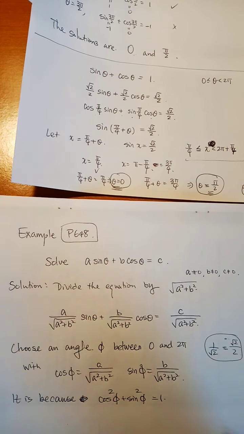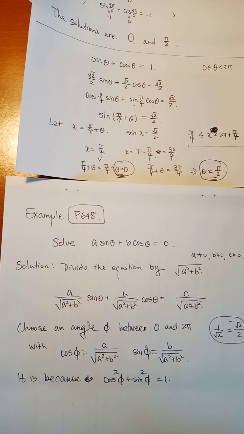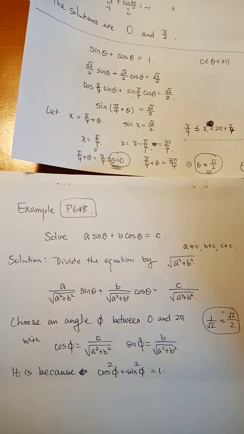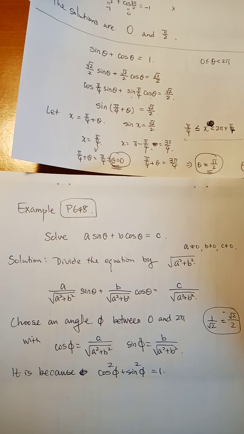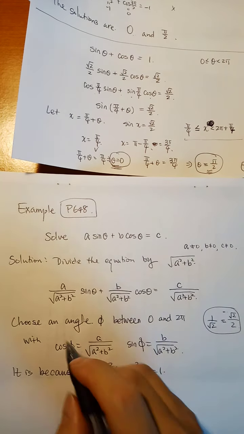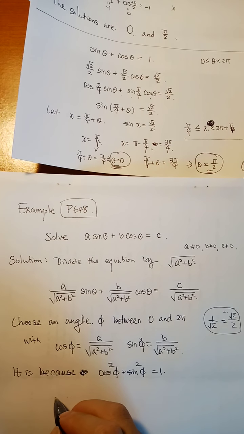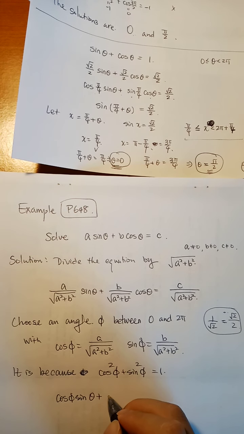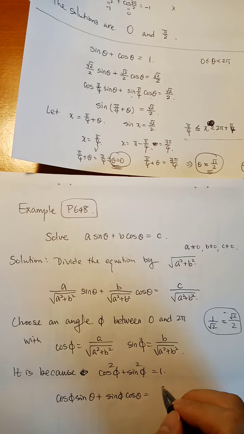And that's the reason we divided the whole thing by the square root of a squared plus b squared. Everything is artificial. Okay, then you get cosine phi sine theta plus sine phi cosine theta is equal to this number.